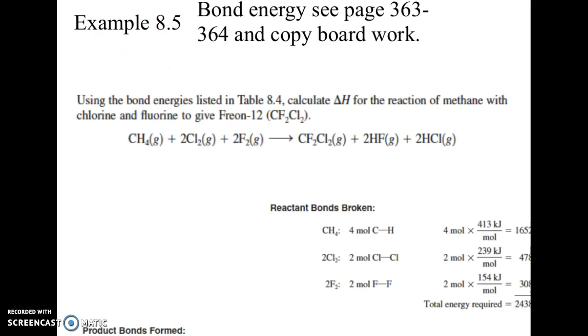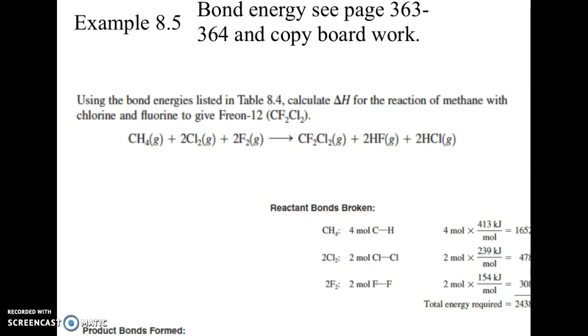So what we're going to take a look at is in your textbook, on pages 363 and 364. This is example 8.5. Here they're giving you a chemical reaction: methane plus chlorine plus 2 fluorines will make a carbon difluoride dichloride compound, hydrofluoric acid and hydrochloric acid.